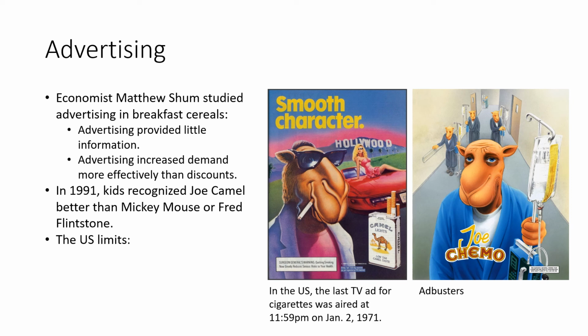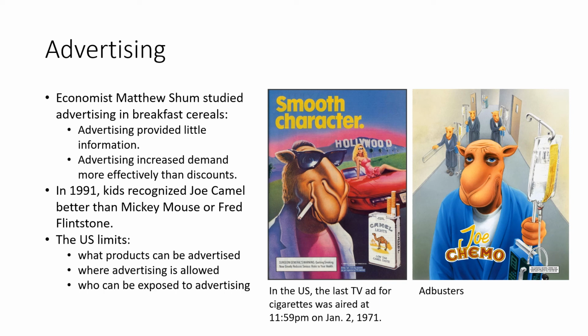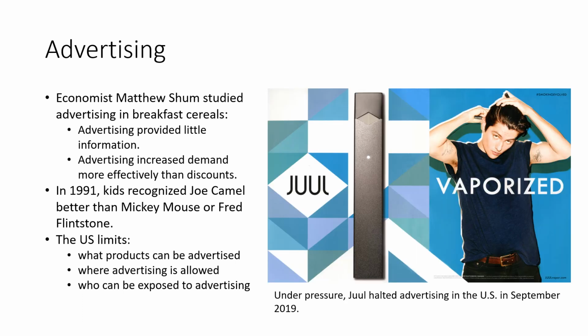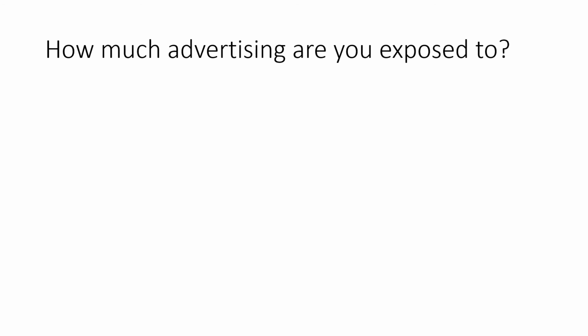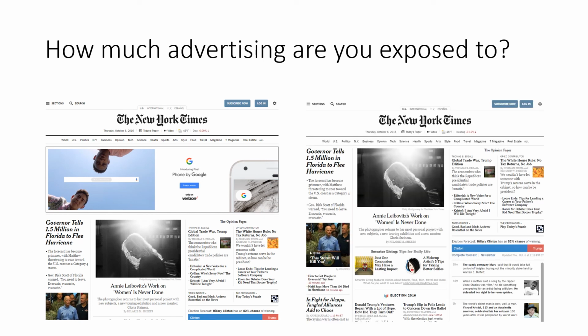The American government limits what products can be advertised, where advertising is allowed, and who can be exposed to advertising or not. And here we can again pause for a second and think about how much advertising you are exposed to.